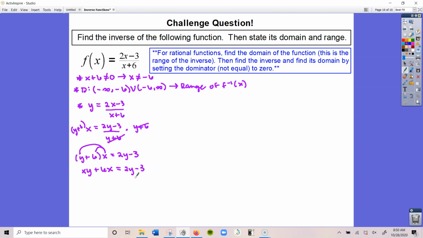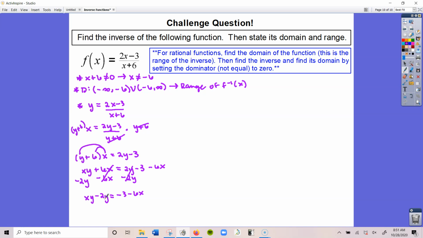I only want the terms with the y on the left side, so I'm going to subtract this 2y over, and then I'm going to remove this 6x because I only want the y's on this side. So I'm going to subtract the 6x as well. So now my equation is xy minus 2y is equal to negative 3 minus 6x.